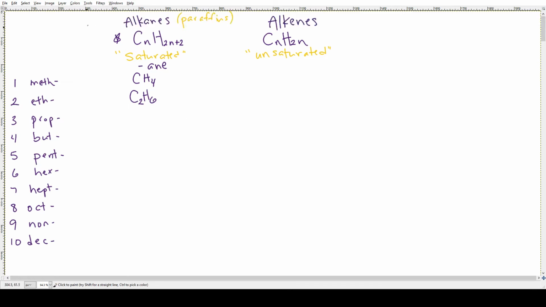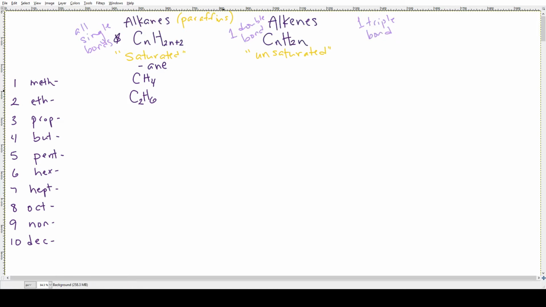So alkanes are all single bonds. Alkenes have 1 double bond. And then we're going to deal with alkynes next, which are going to have 1 triple bond.